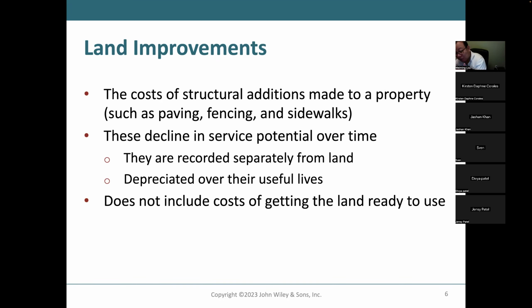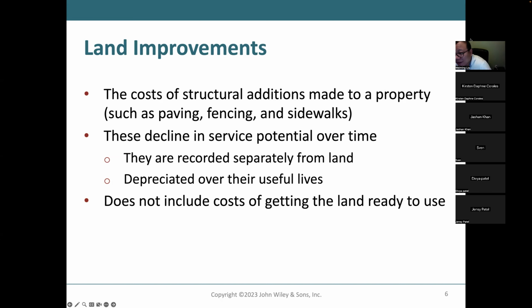It won't look very good. So the point is, fencing and sidewalks will age, and their value becomes less and less. Therefore, land improvement is in a different category. Unlike land, which has no depreciation, for land improvement we need to recognize depreciation expenses.